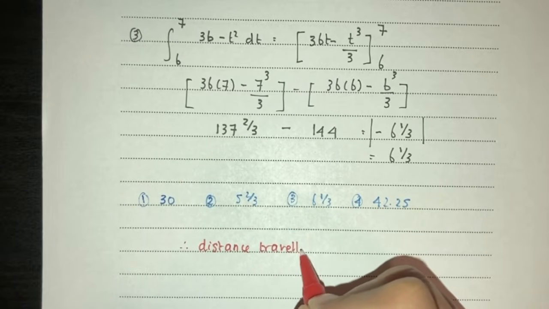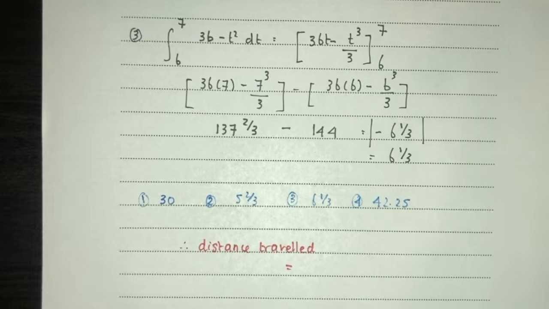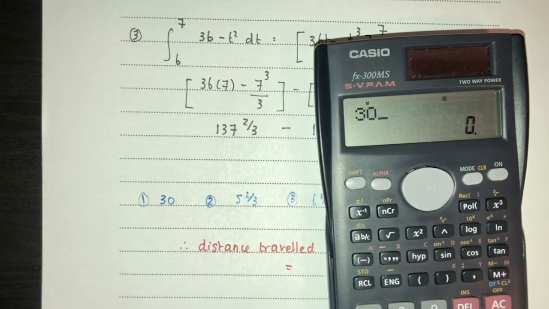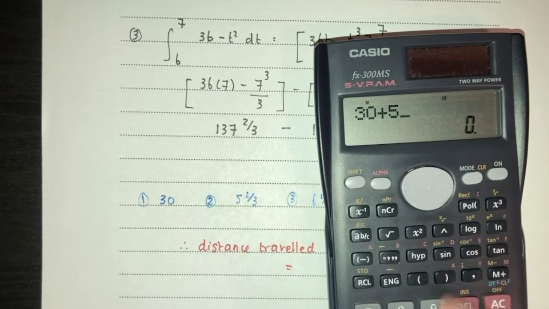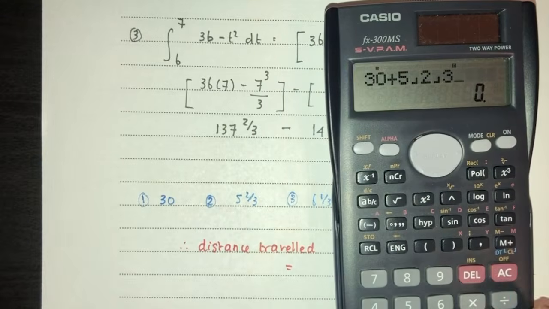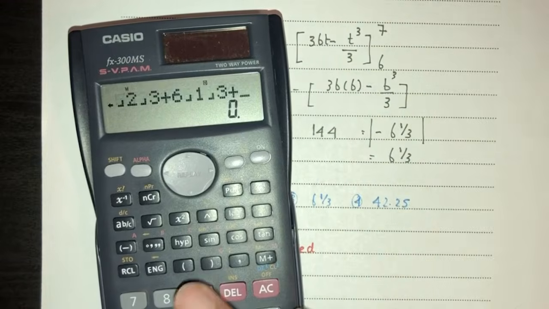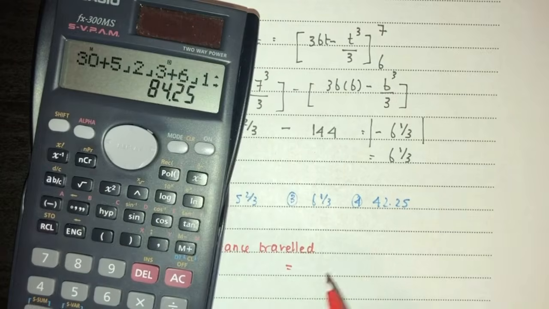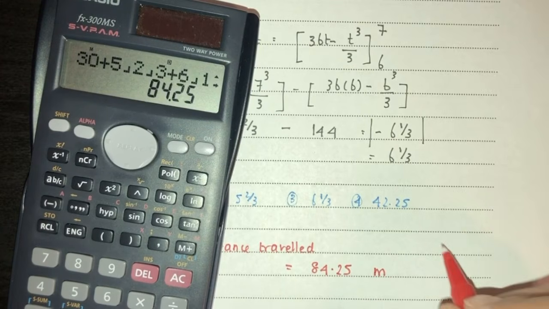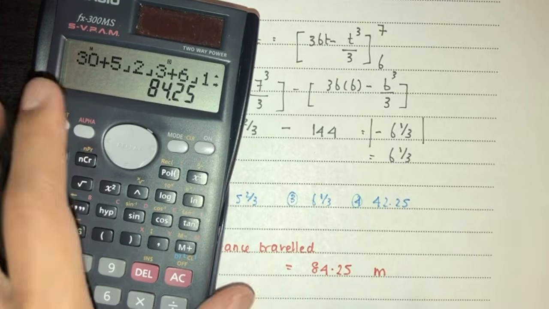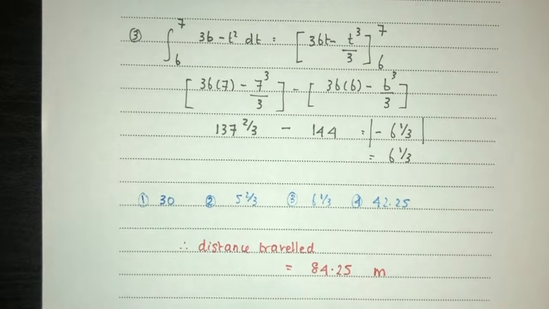First one is 30 plus 5 2/3 plus 6 1/3 and plus 42.25. That will give you 84.25. That will be in meters because your unit was meters per second. That will be your distance traveled for this particle.